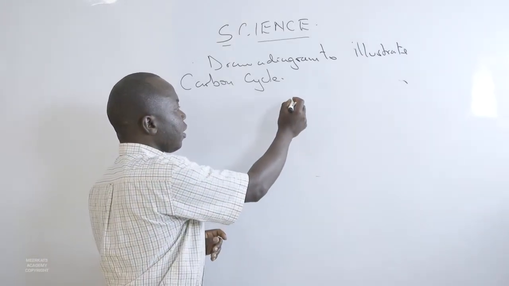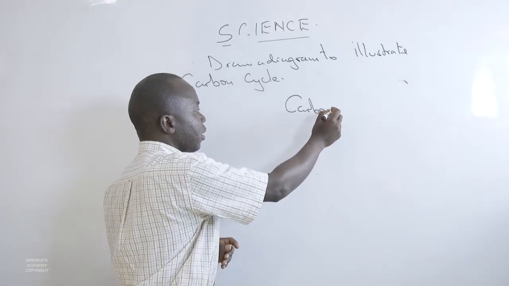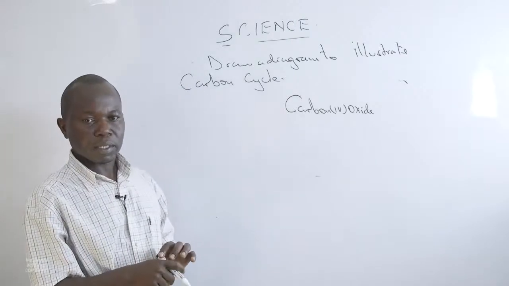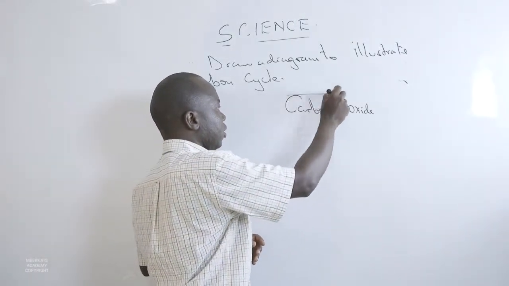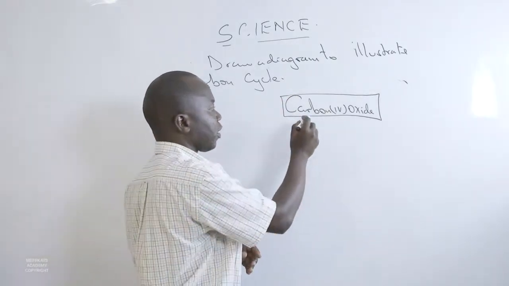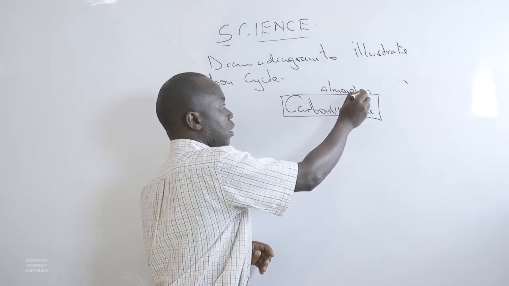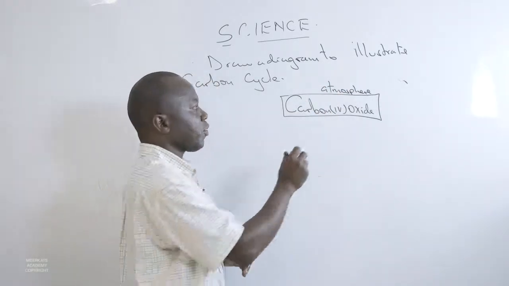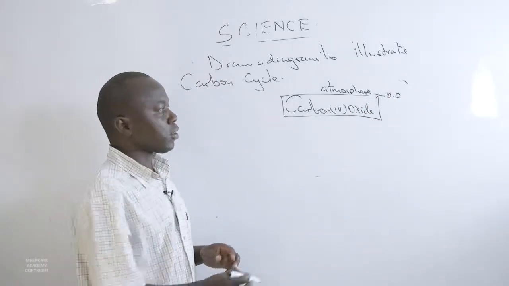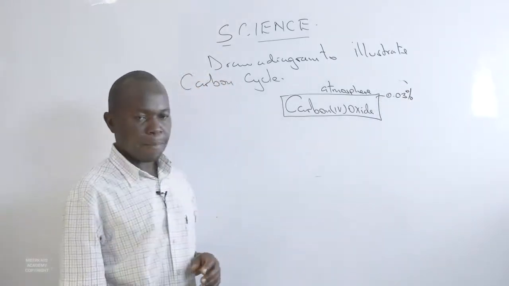In the atmosphere, carbon exists in the form of carbon dioxide. Some literature will quote it as carbon dioxide in the atmosphere. It is said carbon dioxide is almost 0.04% of air.